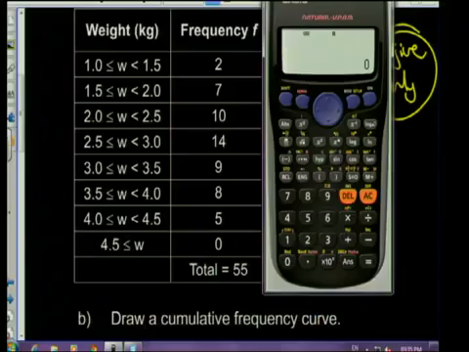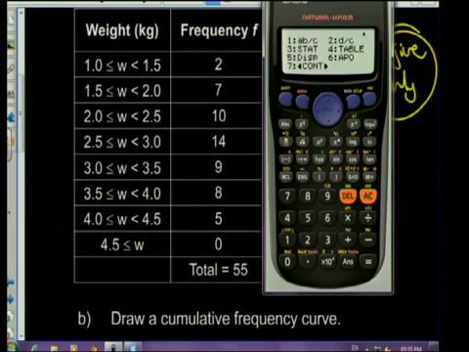So all of you, please get your calculators out now and follow me as I press buttons on the screen. I'm going to show you how to add a frequency column. So you need to go to Setup. So Shift, Setup. Now, you're not going to see anything stats on that page, so scroll down. When I scroll down, over there at 3, it gives me an option for Stat.